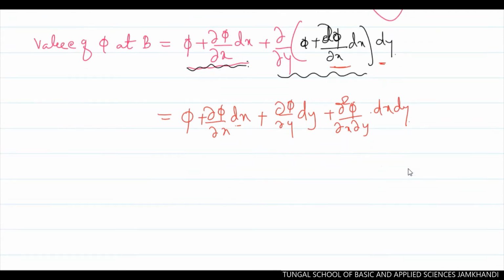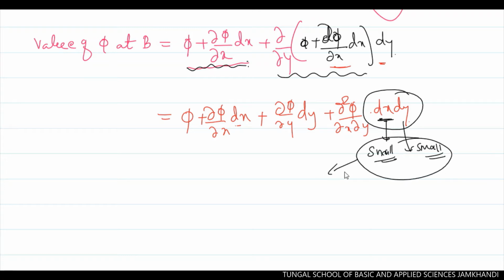So this dx and dy multiplied part is very small, because there is already a very small change in x. This is already a small change along the x-axis, and dy is also a small change along the y-axis. So if you multiply both the changes, it will be very, very small.